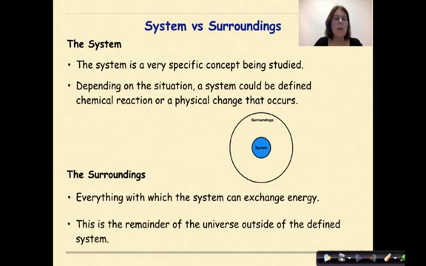The system is a very specific concept that is being studied. Depending on the situation, a system could be defined as a chemical reaction or a physical change that occurs. The surrounding, on the other hand, is everything with which the system can exchange energy. This is the remainder of the universe outside of the defined system.